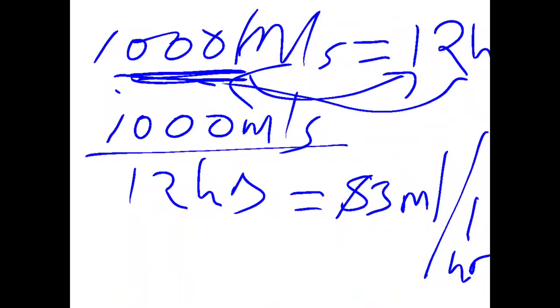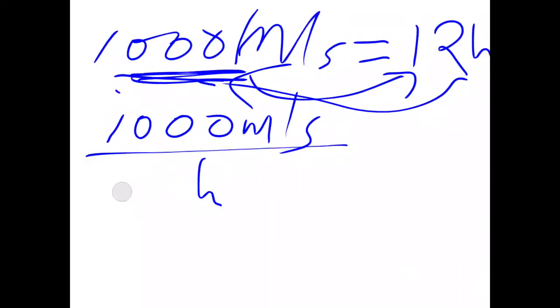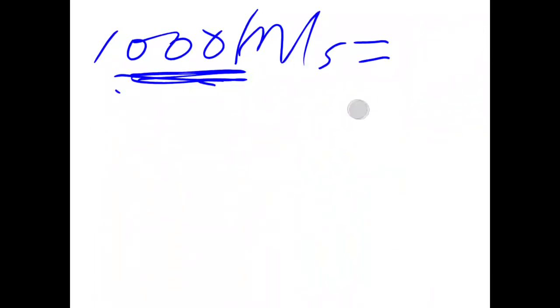So if you're told to find how much volume of fluids you're going to give per hour, you just divide the volume of fluids by the number of hours you're supposed to give those fluids. Then you get the answer, meaning about 83 mils of fluids should be given per hour. When you multiply by 12 hours, you'll go back to the 1000 mils.